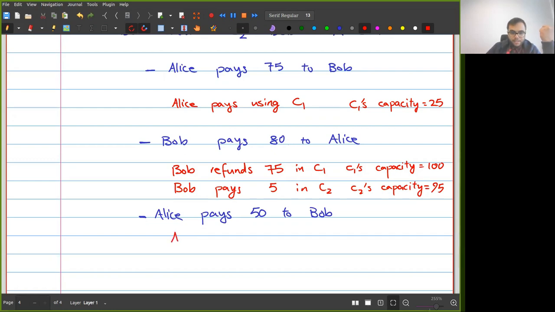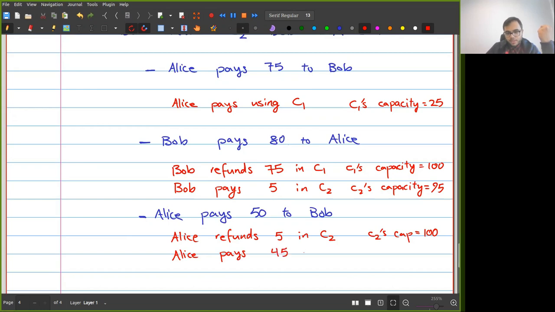So here, Alice refunds 5 units in C2, and now C2's capacity is back to 100. And then Alice pays the remaining 45 units in C1. And now C1's capacity is 55. Okay.